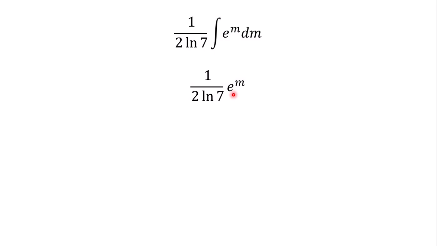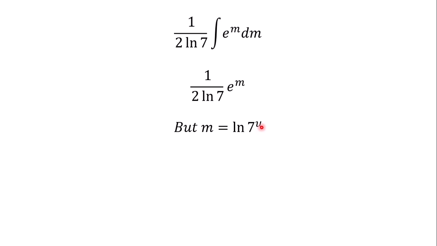So e raised to the power m, we know that m is equal to ln 7 raised to the power u.